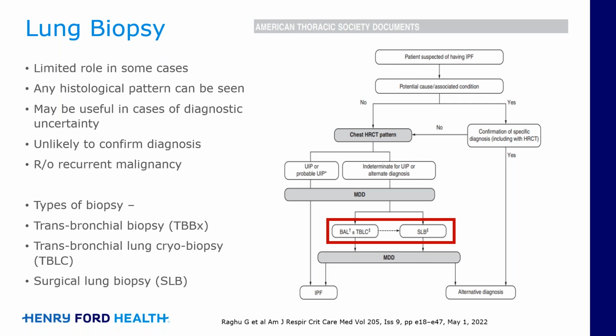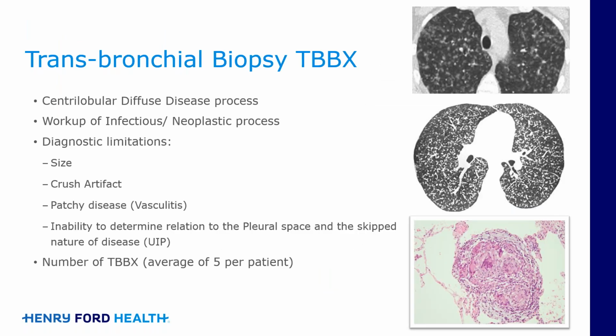This was the first time the 2022 guidelines discussed the role of cryobiopsy in diagnosing interstitial lung disease. I think transbronchial cryobiopsies are more important when we have a centrilobular diffuse disease pattern, such as hypersensitivity pneumonitis. Workup of infections and neoplastic processes are also important, and they can be used.